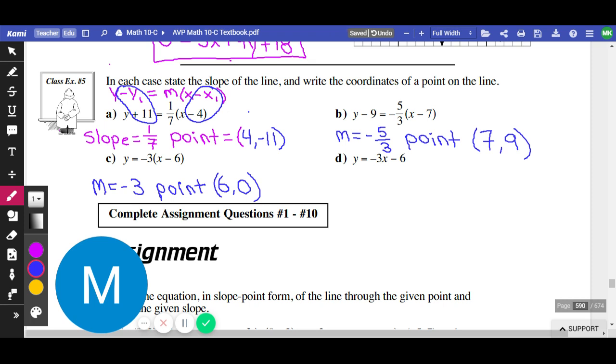For D, D is technically slope-intercept form, but we can still kind of use the same rules as this guy. Right? We're going to look at it. We're going to pair it up with slope-intercept form. This is y equals mx plus b. And because it's slope-intercept form, I would look at this and say, okay, the slope is -3, but my point is 0, -6.